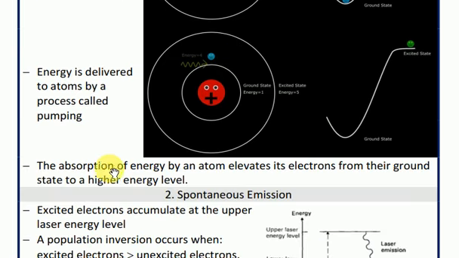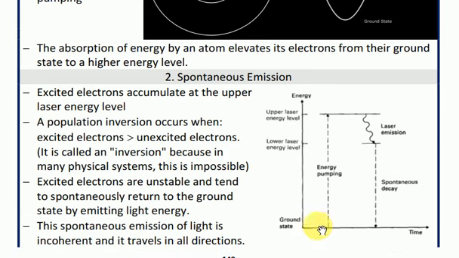This energy is absorbed and this elevates the electrons from their ground state to a higher energy level. In the upper laser energy level, the excited atoms accumulate.